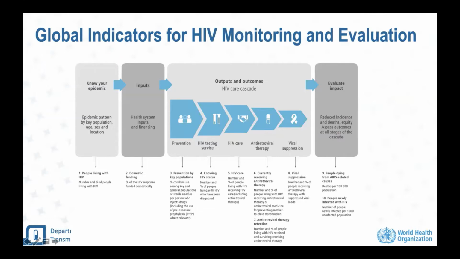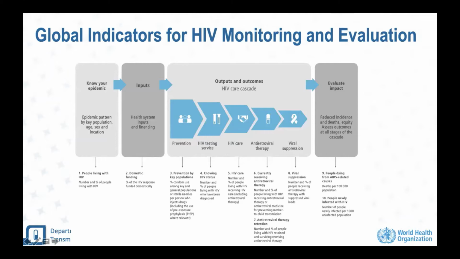Then indicators 4 and 5 are knowing the number of people who have been diagnosed with HIV, who know their HIV status, and the number of people living with HIV who are receiving HIV care, including antiretroviral therapy. Indicator number 6 is the number of people who are on antiretroviral therapy. And then indicator number 8 is viral suppression. So the number and percentage of people who are receiving antiretroviral therapy with suppressed viral loads.